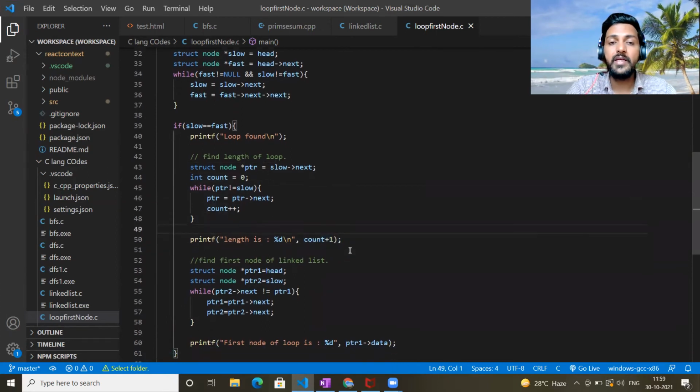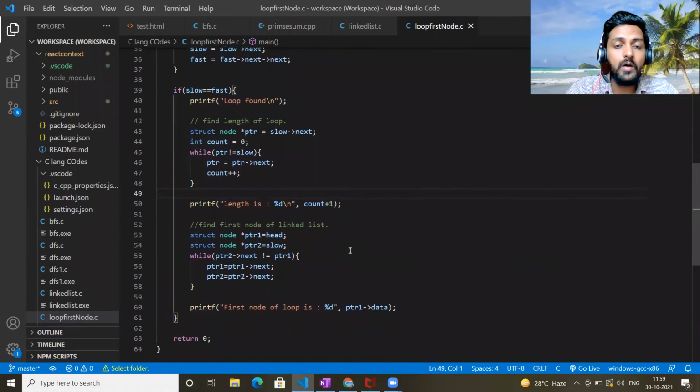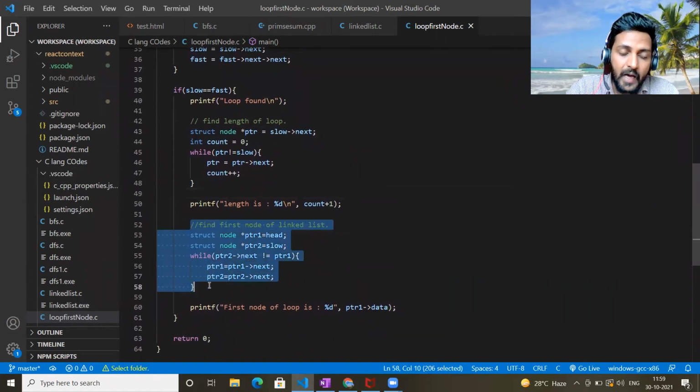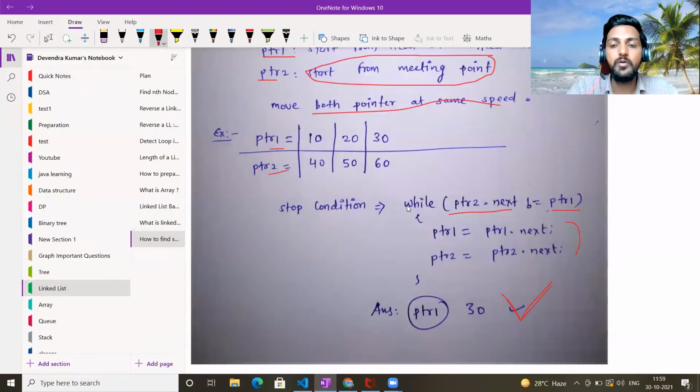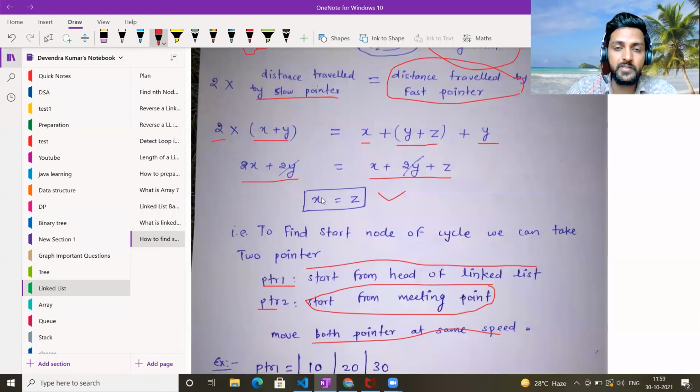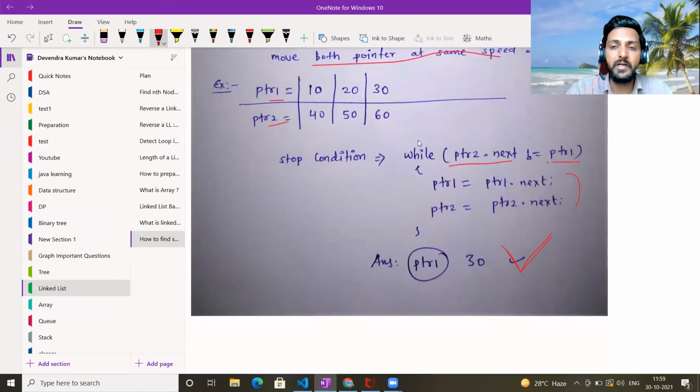Now, once we got the length of the cycle also, now we wanted to find out the first node of the cycle. As per the mathematical proof, we have seen how to do that. So this logic which we need to apply here, you just need to write down this particular logic, and ptr will be your starting node of the cycle.